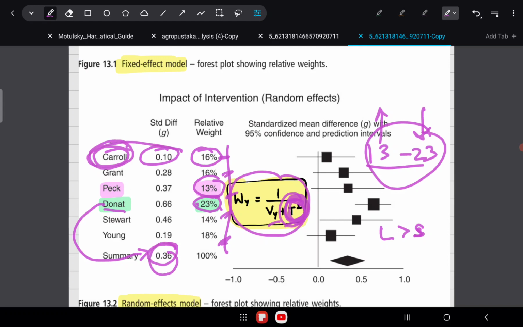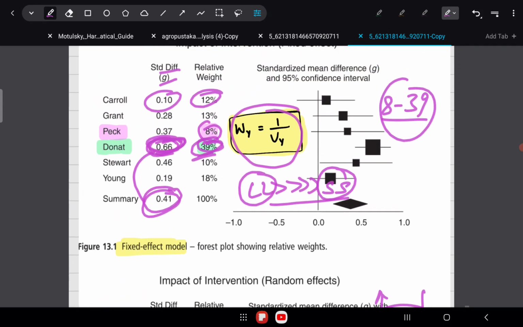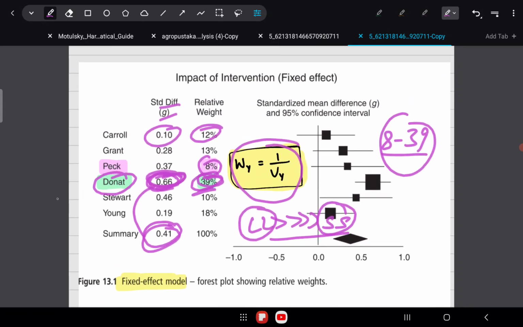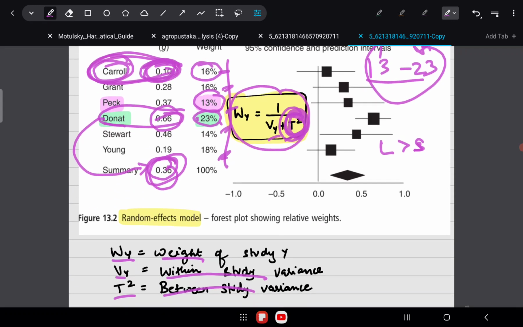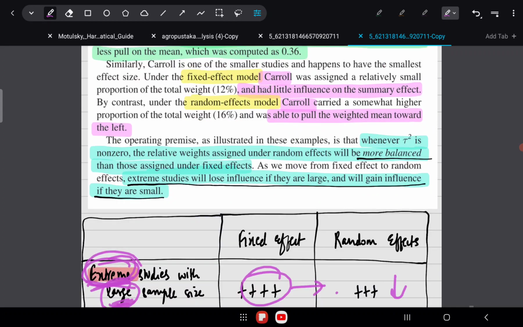Carroll has an effect size towards one end of the spectrum, and Donut has an effect size towards the other end. So in fixed effect modeling, the Donut was more influential than Carroll, right? But in random effect modeling, the relative importance of Donut has decreased and the relative importance of Carroll has increased, because of which the summary effect is being pulled towards the Carroll study. That is the way to understand this concept.